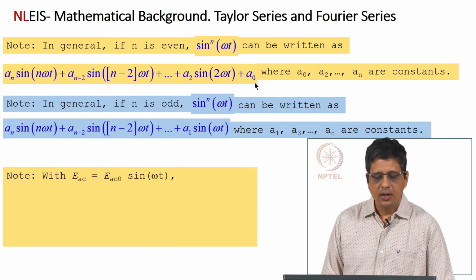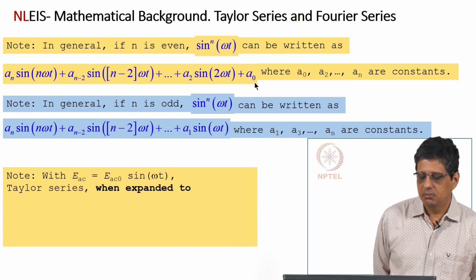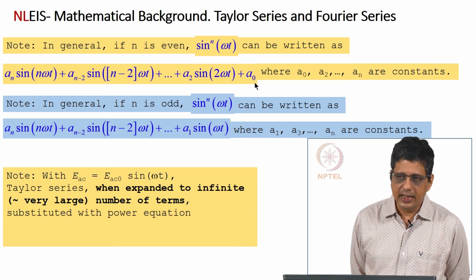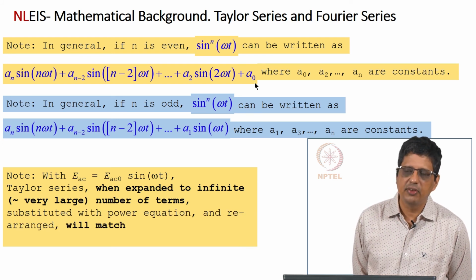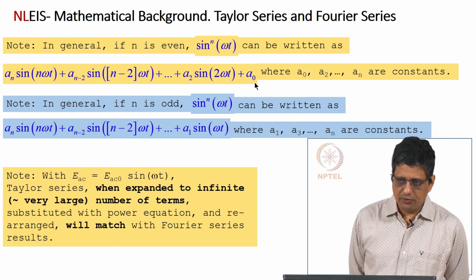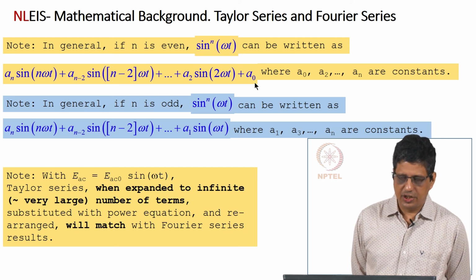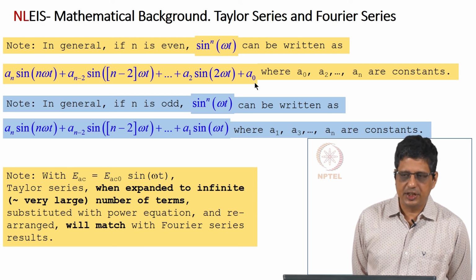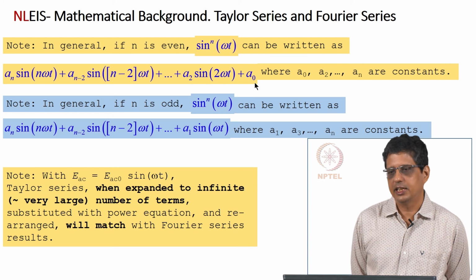When we write EAC as EAC 0 sin omega t, if we write Taylor series up to infinite terms or very large number of terms, substitute with the power equation, rearrange, then whatever we get out of that will match with the Fourier series expansion.